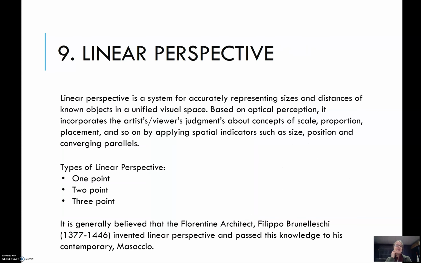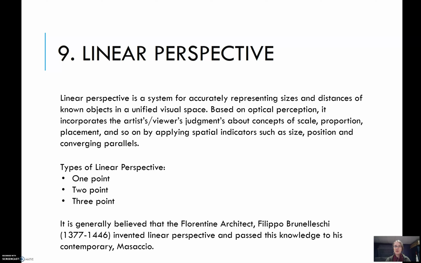Okay, number 9 is linear perspective. And linear perspective is basically a technique that we will explore quite extensively. This perspective is a system for accurately representing sizes and distances of known objects in a unified visual space. Accurately, okay?